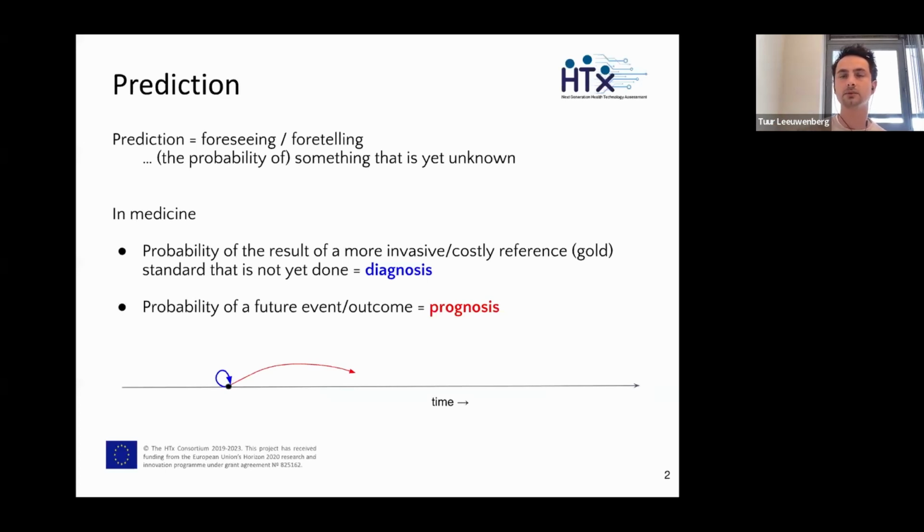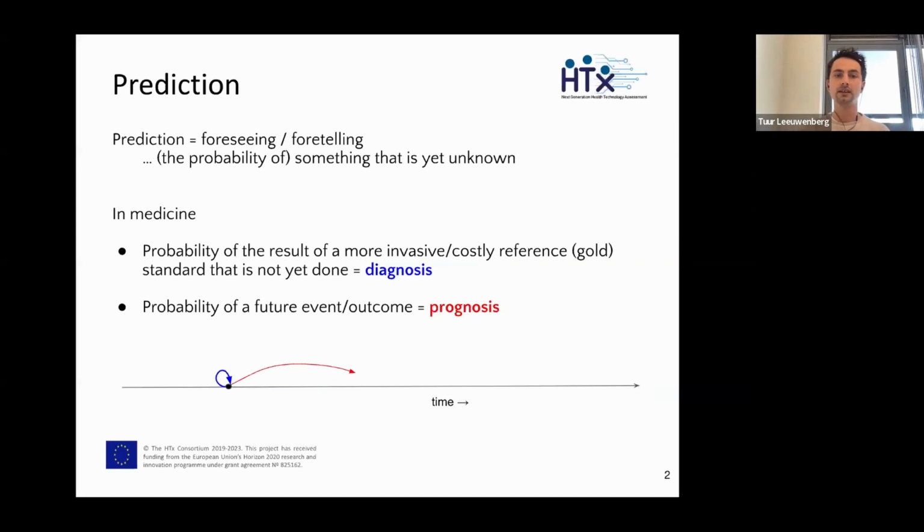That means that you want to predict something about a patient, based on certain characteristics at the very moment. So you might want to predict a diagnosis based on certain characteristics, so that you maybe don't have to do an invasive test. Only if there's a really high risk that someone has the diagnosis, then you would maybe want to double check it with an invasive or costly reference test.